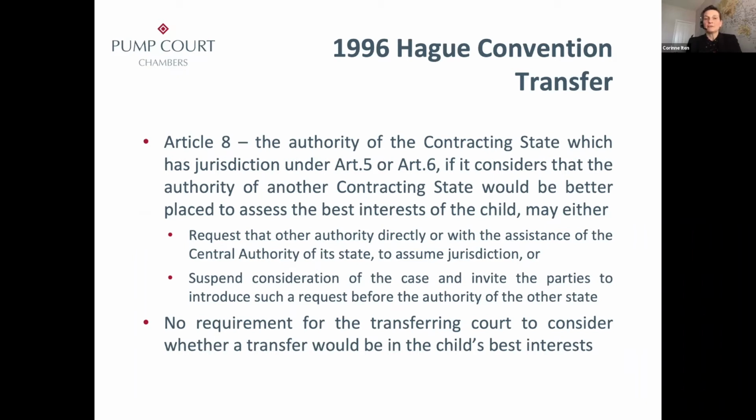What Article 8 says is that the authority of the contracting state, which has jurisdiction under Article 5 or Article 6, so based on habitual residence or presence, if it considers that the authority of another contracting state would be better placed to assess the best interests of the child, may either request that other authority directly or with the assistance of the central authority of its state to assume jurisdiction, or suspend consideration of the case and invite the parties to introduce such a request before the authority of the other state.